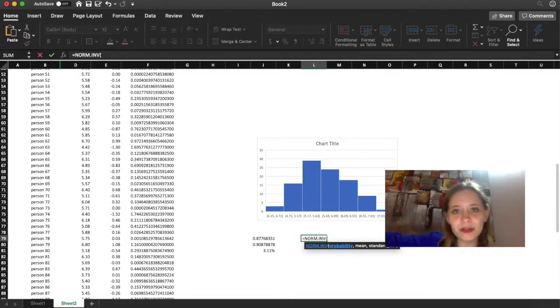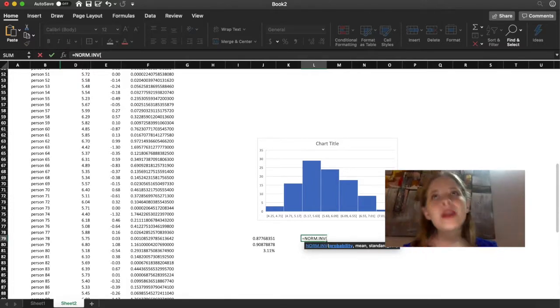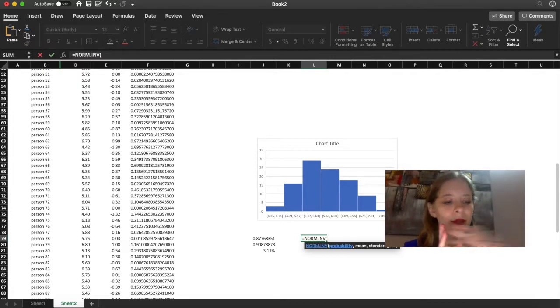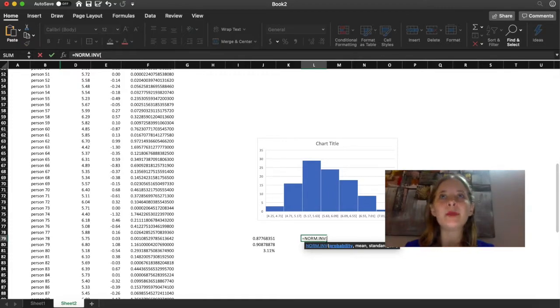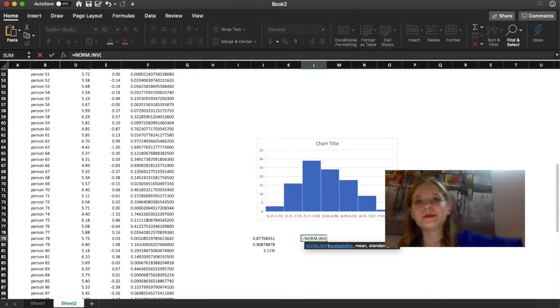So given our normal distribution, if I want to ask Excel, what would be a particular height that I would only find 5% of people who have it? And for that answer, we can just say NormInv, we give a probability. And when I say 5% of people would have it, I mean the probability of finding someone who's shorter than that height is 95% of people.